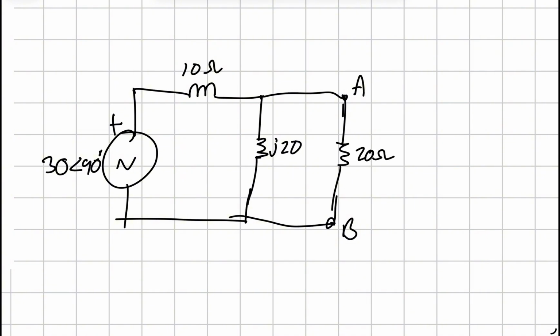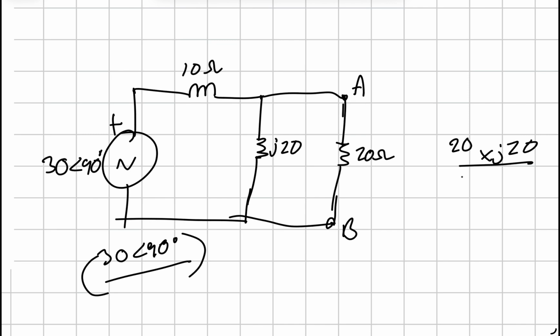They're in parallel, and the voltage will just be the same when you do that. So it would be 30 and 90 over, you need to find the total of the resistors, so it would be 20 times J20 over 20 plus J20 plus the 10.